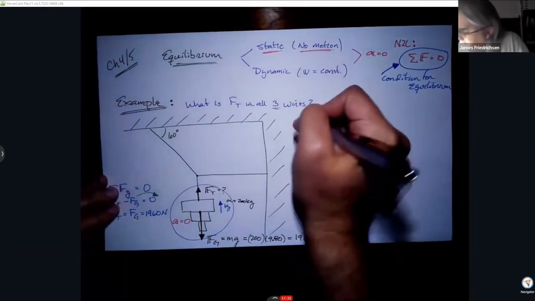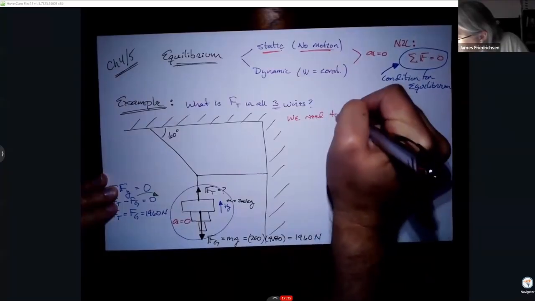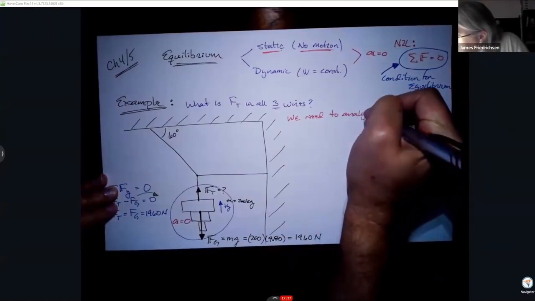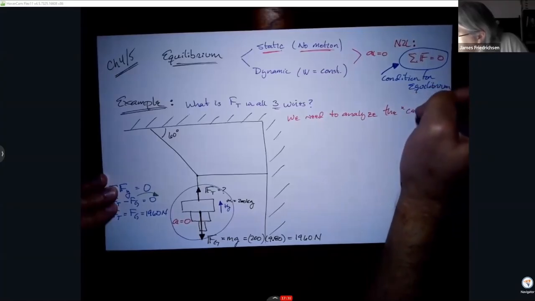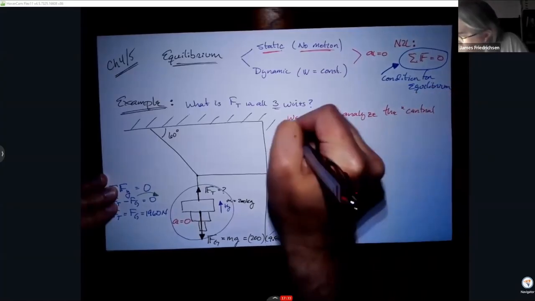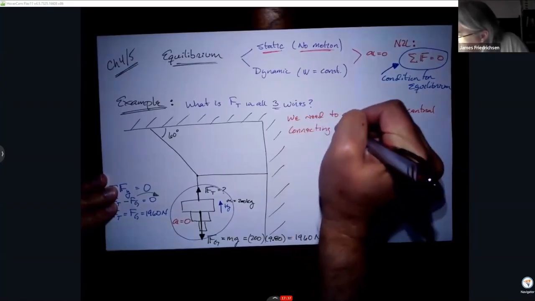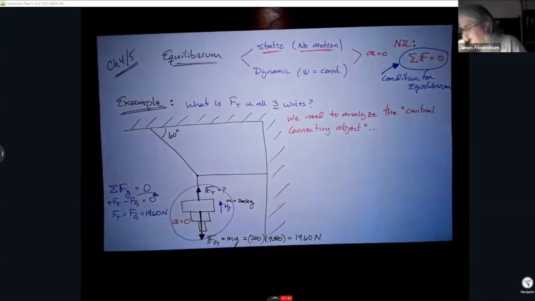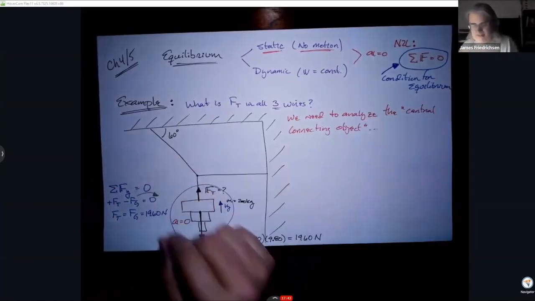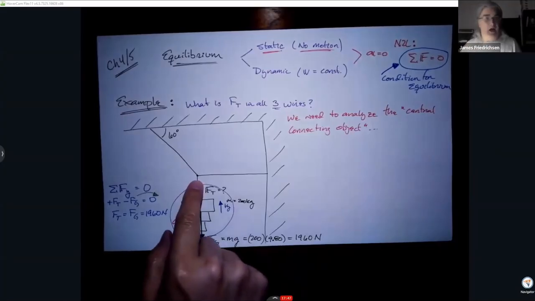The thing that connects essentially all the wires together is this knot.